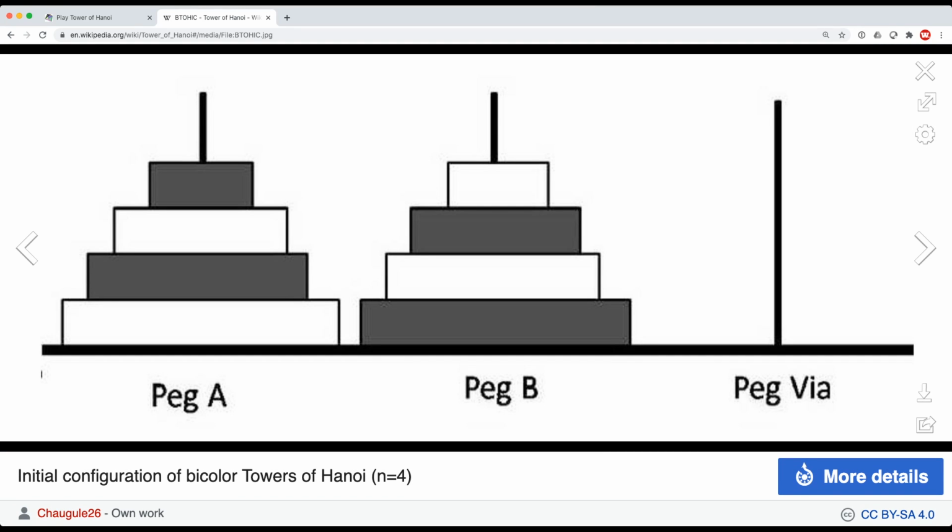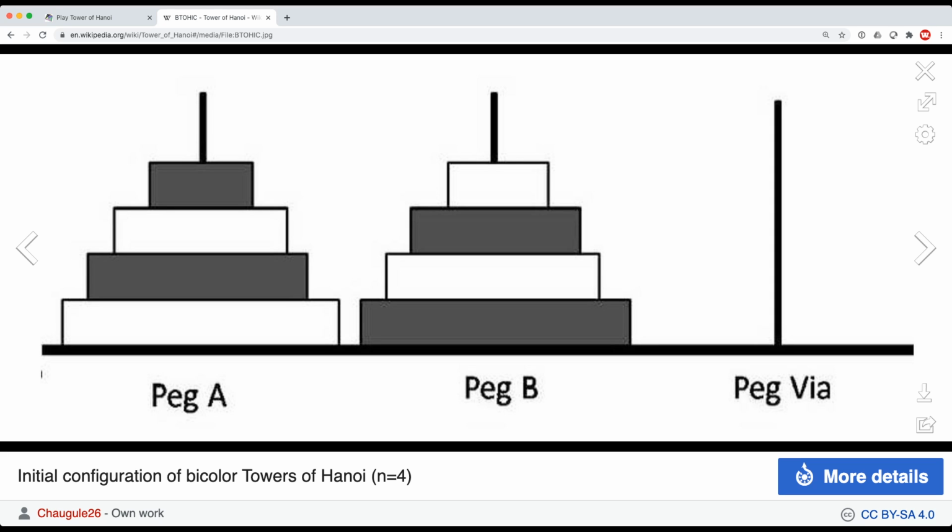Okay, so this particular puzzle was first given in a French math competition that would have been for ninth and tenth graders in the 80s. They gave it specifically for 4 discs, but it's actually, in a sense, 8 discs.